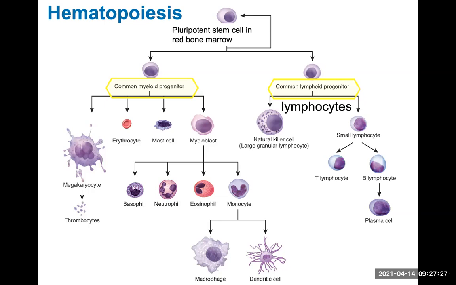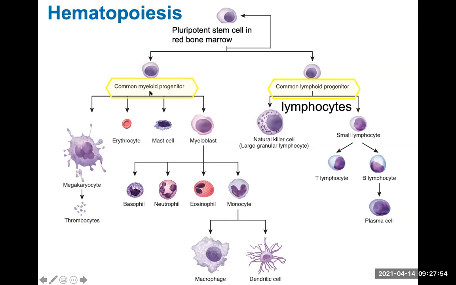This is showing the lineage of which cell then produces which cells. So the very first differentiation step from your pluripotent stem cells in your red bone marrow, you're going to get two types of cells, a myeloid progenitor and a common lymphoid progenitor.